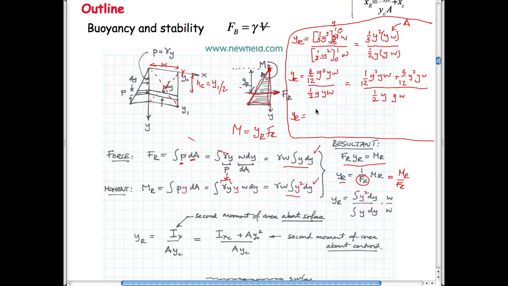Okay, so the very last step is that I'm going to write this as, again, a 12th y cubed times w. This is 1, which seems just collecting terms, plus, how am I going to write this?